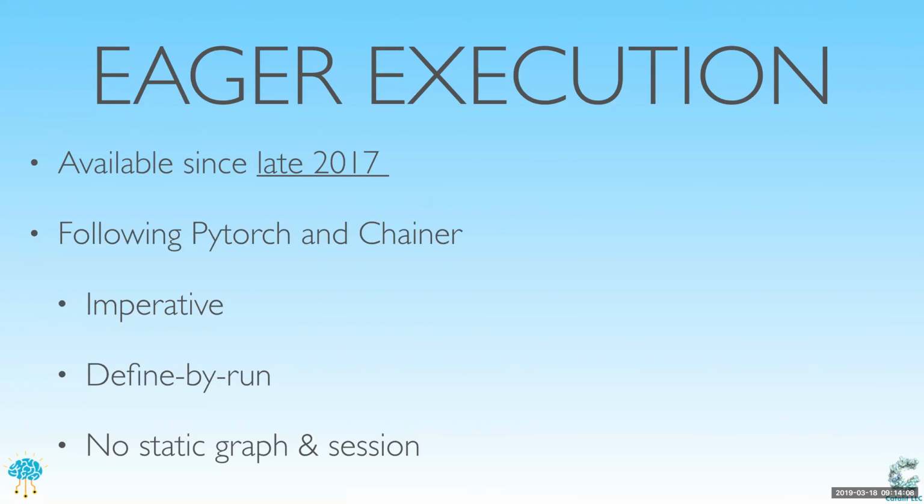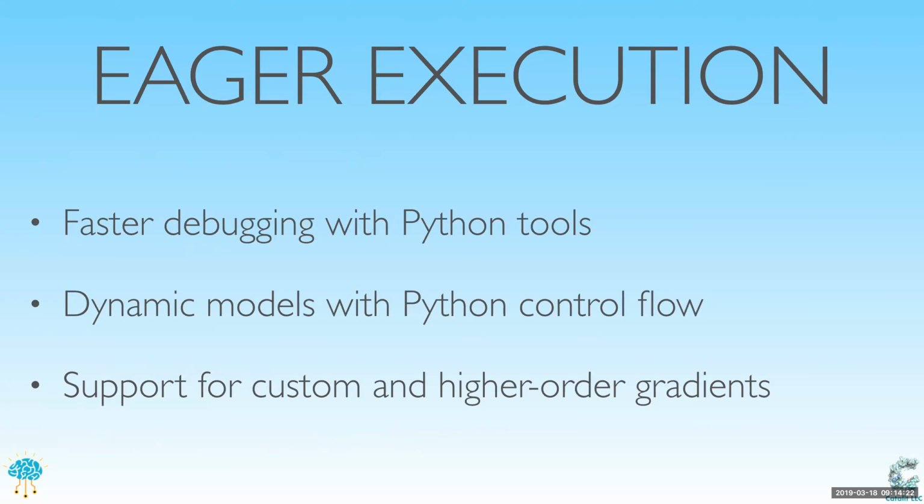What this means is that there is no separation between a graph and a session. So the TensorFlow session object goes away in TensorFlow 2. The implications of this are that it's faster to debug, and also, more importantly, you can build dynamic models with a control flow that is basically Python control flow. You can also have custom gradients that were not possible to do in the graph, because the graph only supports the operations that have been defined and implemented by the API.